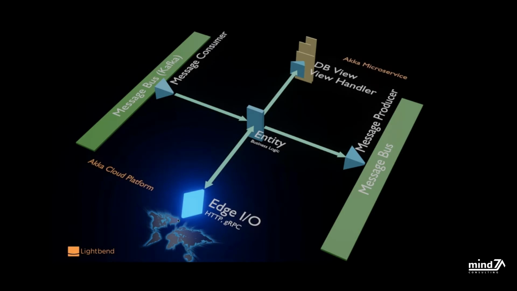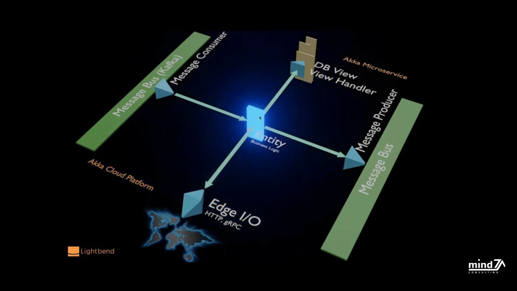The first one is handling the incoming requests to the microservice. I call it the edge of the microservice. It could be an incoming HTTP request or gRPC request, whatever is the requirement for the service. The second one is the entity. This is the business logic. These are the blue circles that were on the perimeter of that demo I was just showing you. You write the code for that.